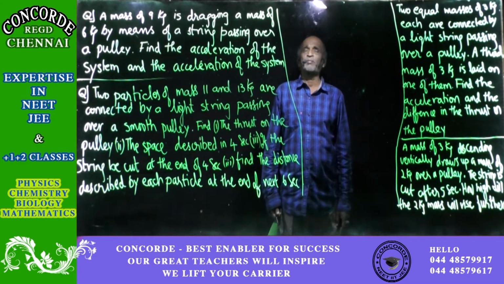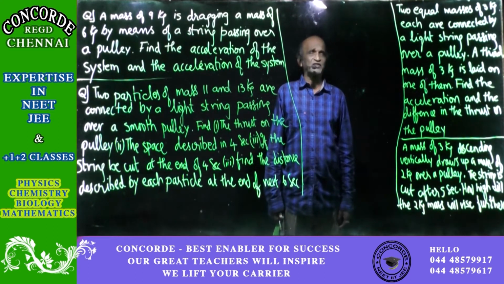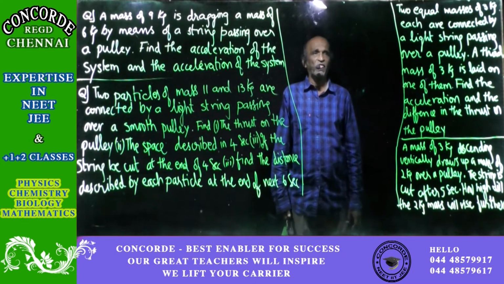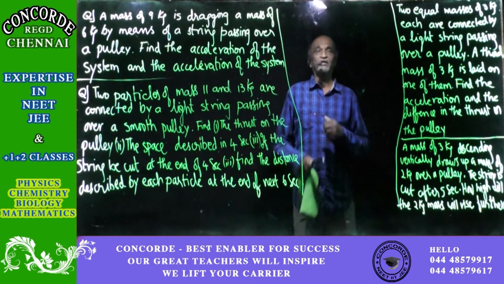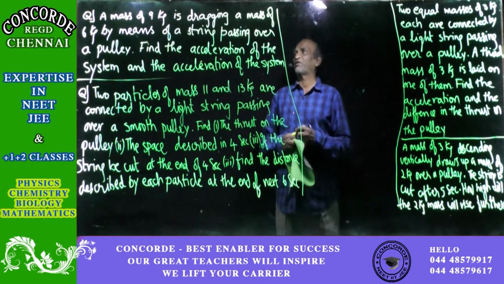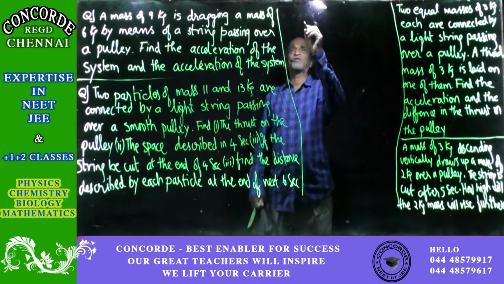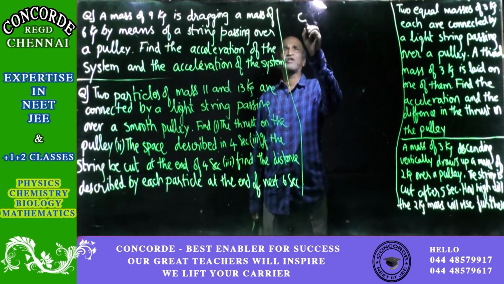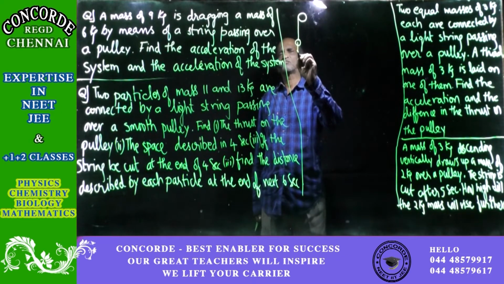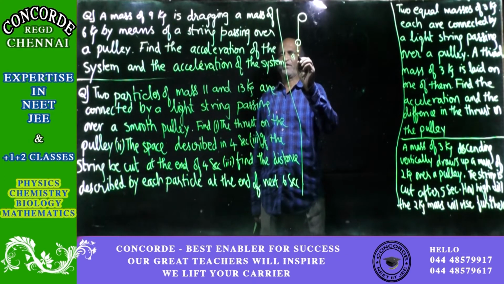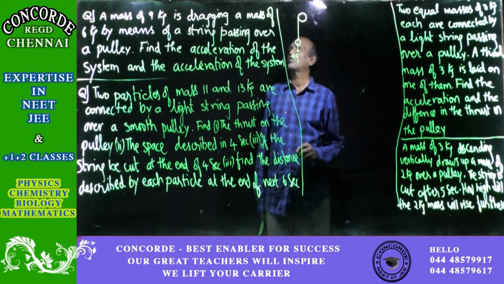Particles of a string passing over a pulley and masses attached to the end of the string, for which we have seen the different equations earlier. The first question that we have got is a mass of 9 kg. So the weight will be 9g.